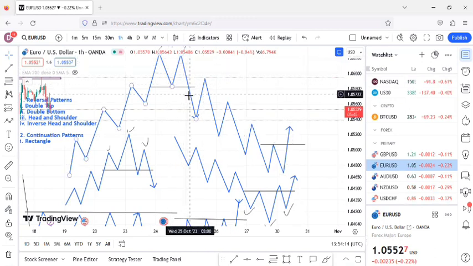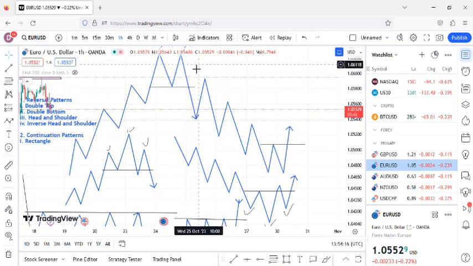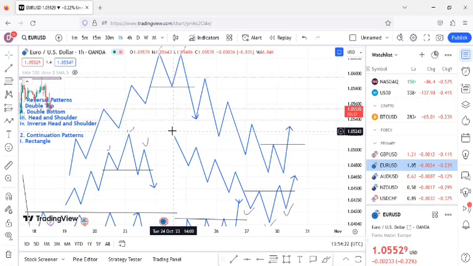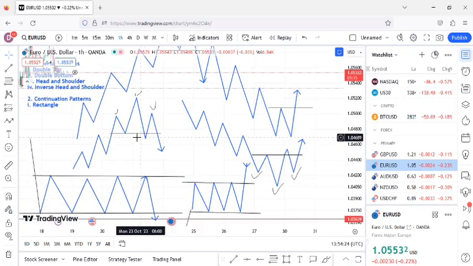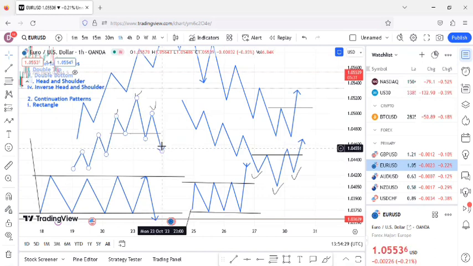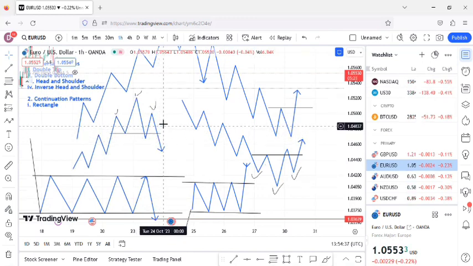The same thing here. You see a candle break, wait for a retest. The moment you see a bearish momentum candle, enter your sell, place your stop loss, and with that, you're able to reduce your risk. The same thing for the head and shoulder. After a break, you wait for a retest. Instead of entering immediately and placing your stop loss there, you reduce your risk by allowing it to retrace.